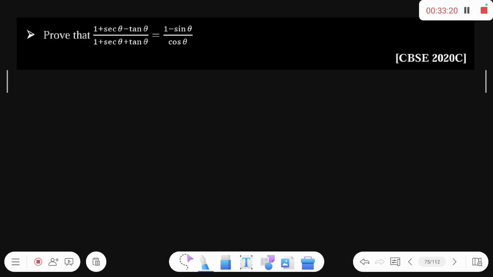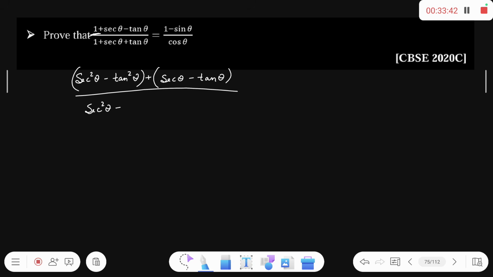This is (1 plus sec theta minus tan theta) upon (1 plus sec theta plus tan theta). In such situation, replace 1 with sec square theta minus tan square theta in the numerator, plus sec theta minus tan theta, divided by 1 plus sec theta plus tan theta.